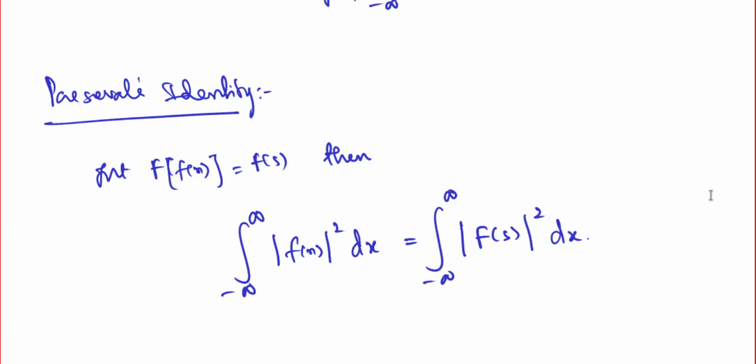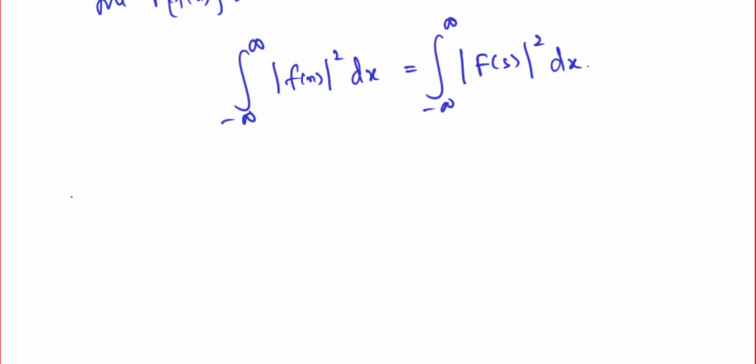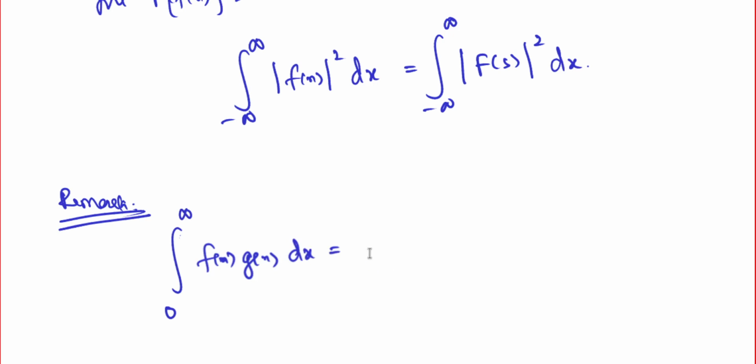Similarly, I'll write one more remark or property. If you want to find the integral of the product of two functions, for example the integral from 0 to infinity of f of x into g of x, then because of the convolution theorem and the properties of the Fourier cosine transformation, this can be proved to be the integral from 0 to infinity of the Fourier cosine transform of f and the Fourier cosine transform of g ds.